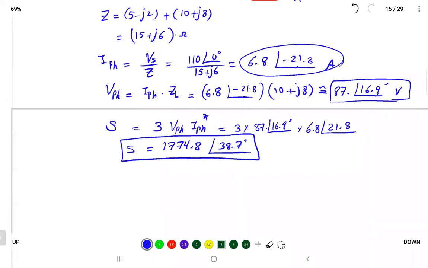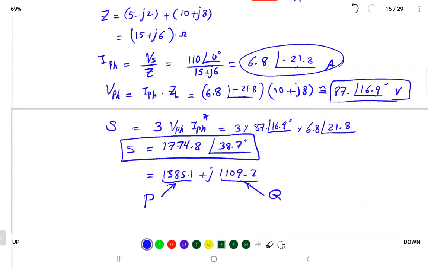It doesn't cost anything. 1774.8 at the angle 38.7, and it gives me everything converted automatically: 1385.1 plus J1109.7. So the real part will be the active power, and the imaginary part will be the reactive power.